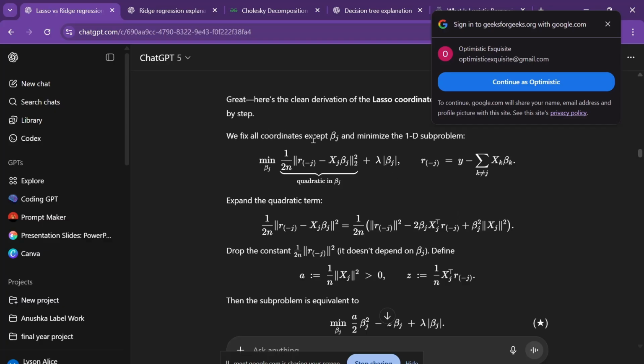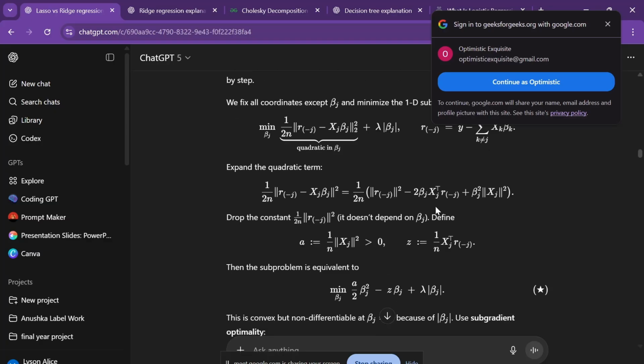First we fix all coordinates except beta j, and we try to minimize this 1D subproblem, which is just for beta j. That is the norm of r minus j minus x j beta j, squared, plus lambda times mod beta j, where r minus j is y minus the summation over x k beta k, where k is not equal to j.